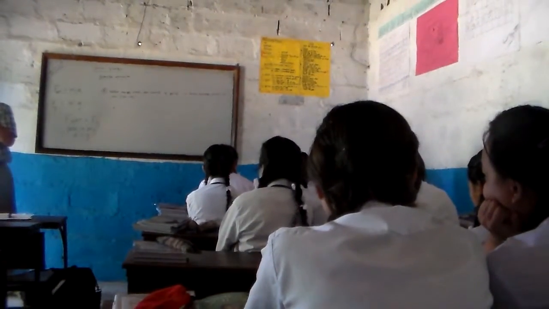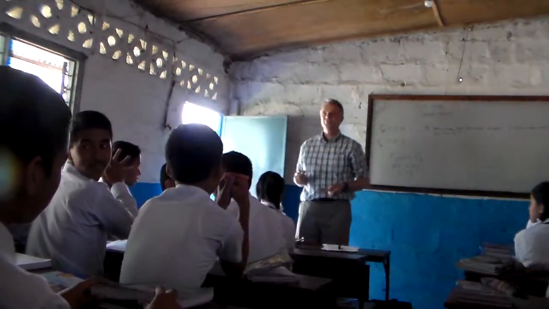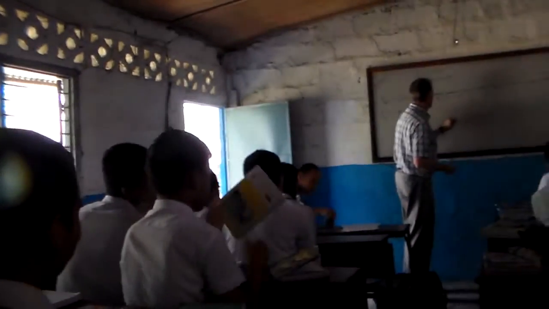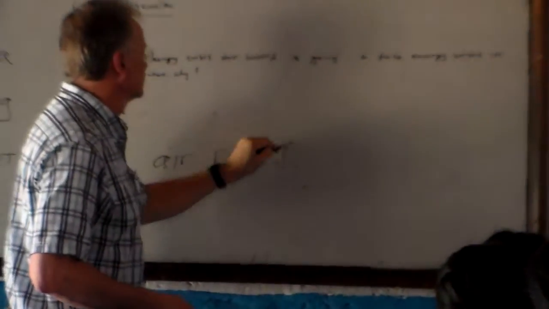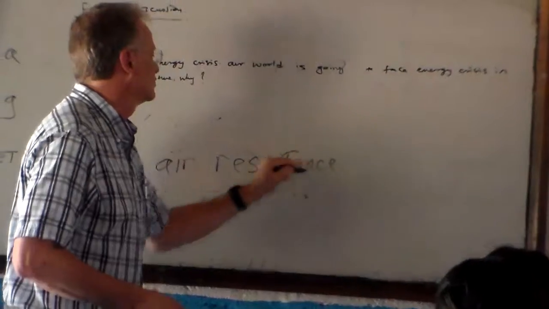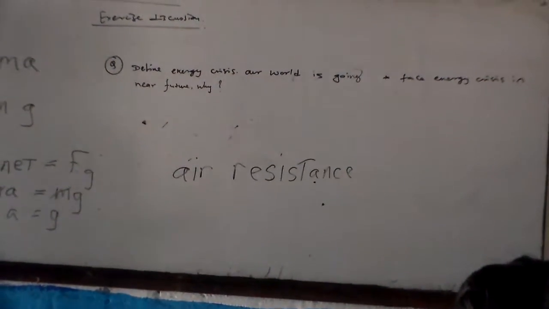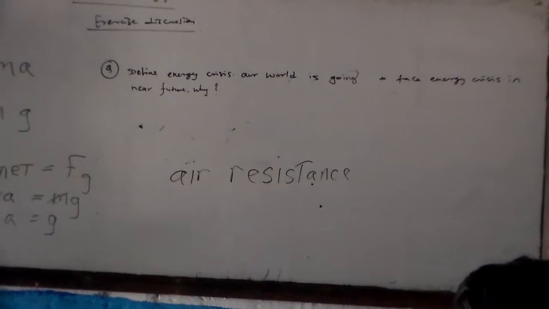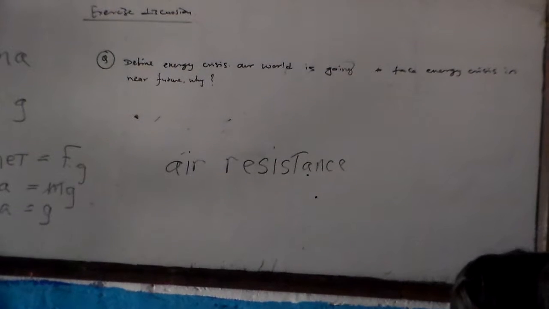Anyone? You had it before, go. Because it has air resistance. All right. The difference between the two is air resistance. So if we let these two fall in a vacuum, they would fall at the same speed.